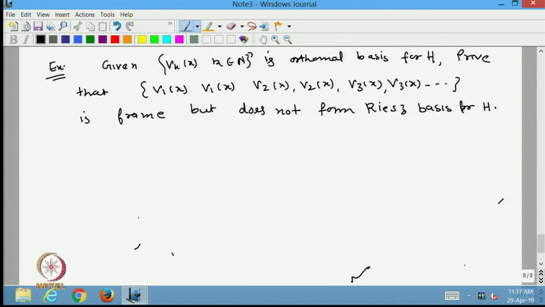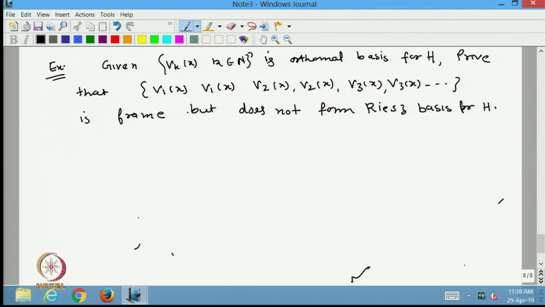Given Vkx is an orthonormal basis for H, prove that this set where we have repeated each entry V1x, V2x, V3x is a frame but does not form a Riesz basis for H.